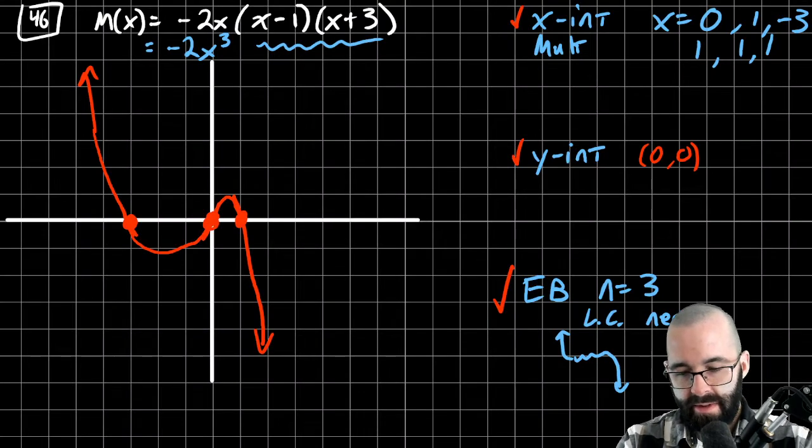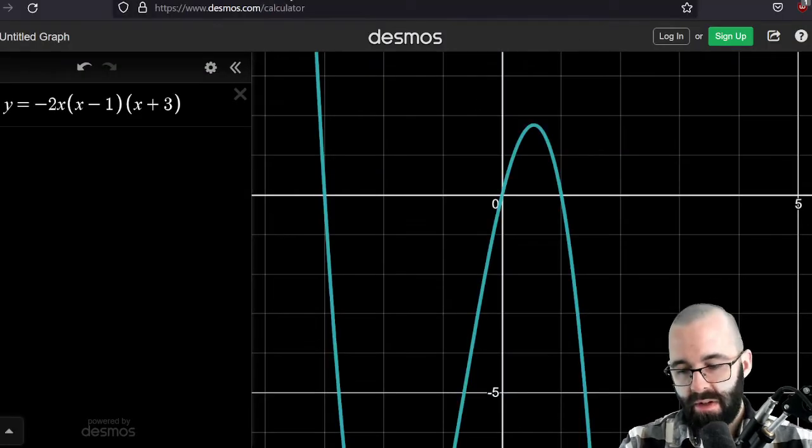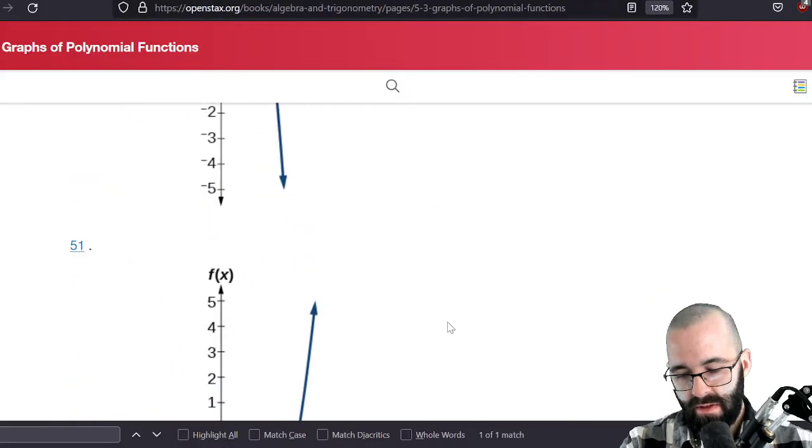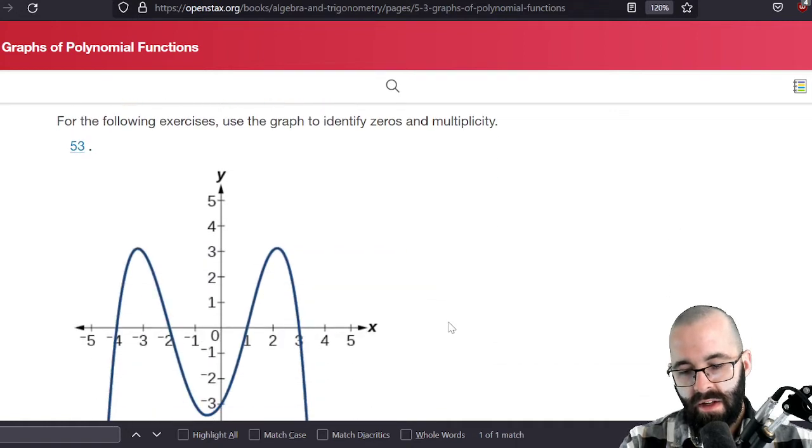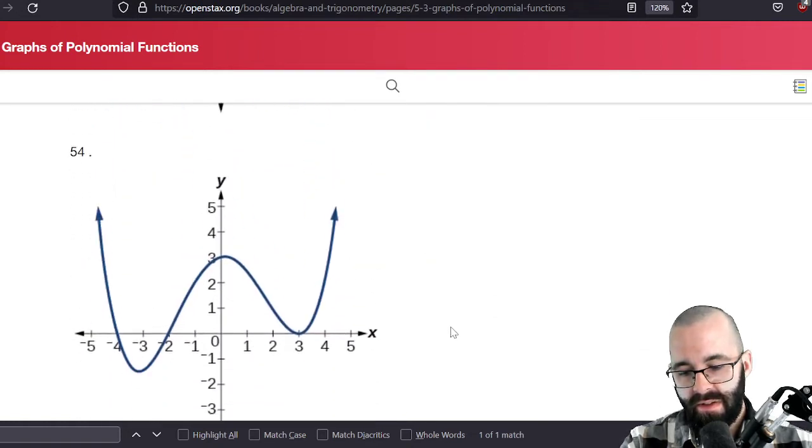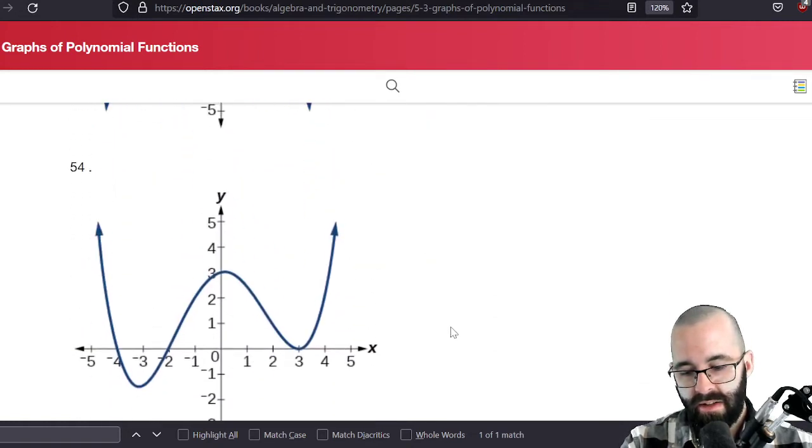Let's do another one. My pen was backwards. Luckily, you can't see it. All right, it's 54 in the book. Use the graph to identify zeros and their multiplicity.